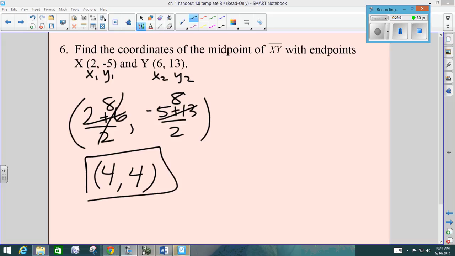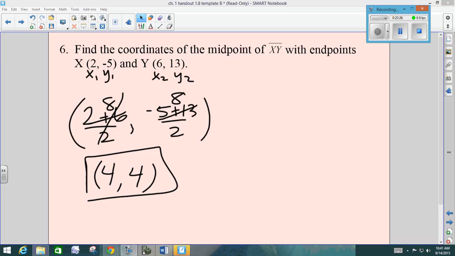We should have a midpoint at (4, 4). Double check. Is 4 right between 2 and 6, right in the middle of them? Yeah, I hope so. How about -5 and 13? Yeah, because 13 minus 4 is 9, right? And 4 minus 9 would bring me to -5. Okay, there's the same distance between them.